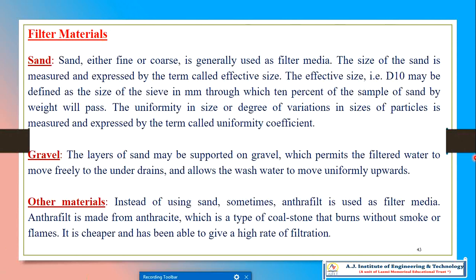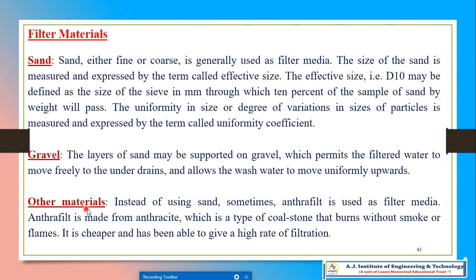We have to wash, otherwise head loss will form. If you are not washing the filter material, all the pores will be filled with the particles which have to be removed. Otherwise water will not flow through the bed of sand, because the pores will be filled. So at that time we have to go for backwashing.